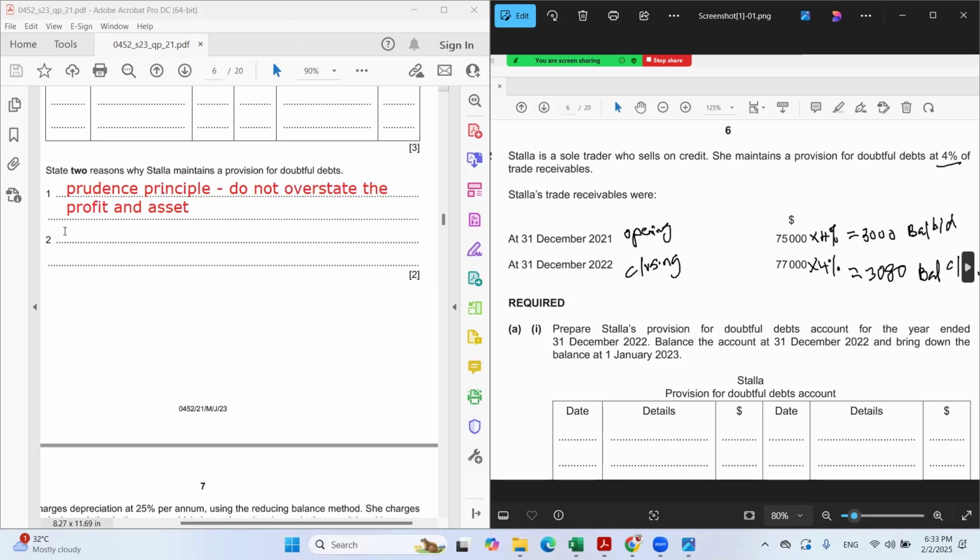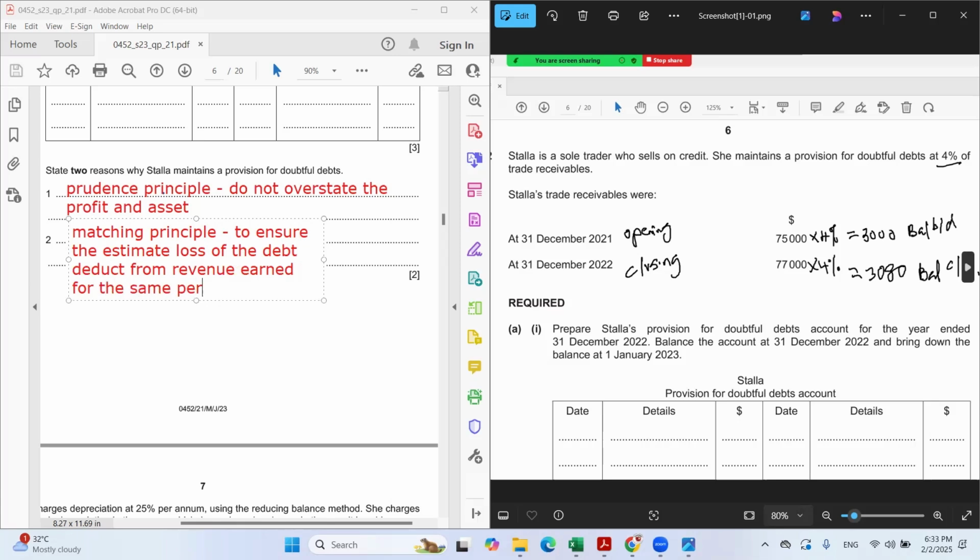Another one is the matching principle. Under the matching principle, this is to ensure the estimated loss of the debt is deducted from revenue earned for the same period.